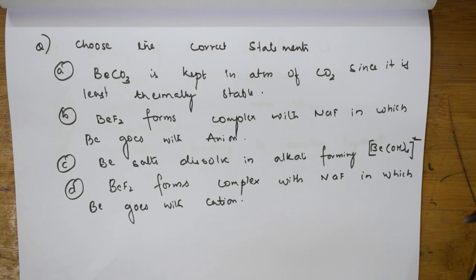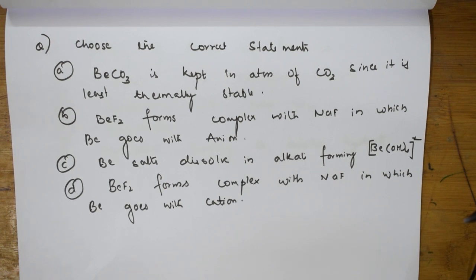Third one, salt dissolves in alkali forming that coordinate complex, that is also wrong. What is the correct statement? The correct statement, if I have to speak, the correct answer is Na2, because it's going to form a complex with this. Fine. So I need to put the correct statement.